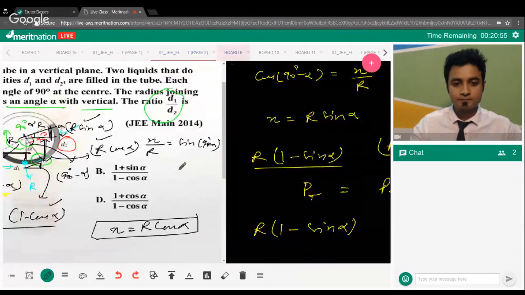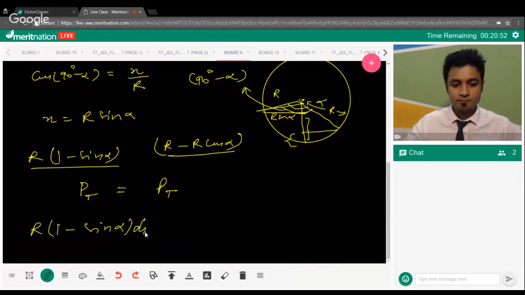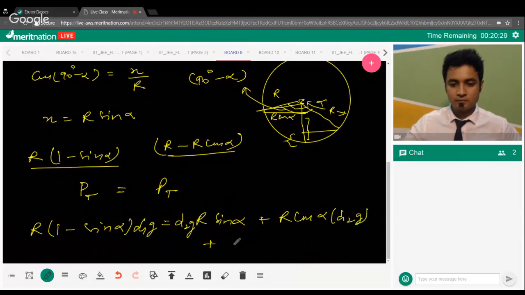Yes, so this is d1 on the left hand side, equal to r sin alpha plus r cos alpha plus r(1 minus cos alpha), each with g, where the terms are d1g, d2g, d2g again.